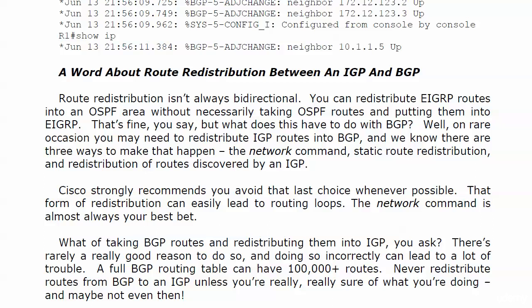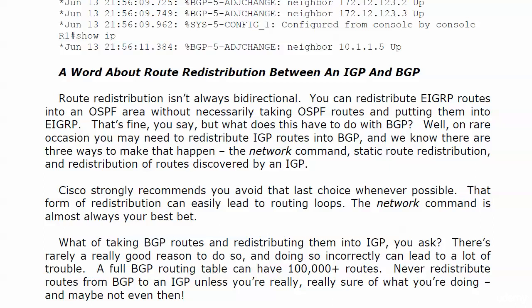Now, what about taking BGP routes and redistributing them into an IGP? There's rarely a good reason to do so. At high levels of BGP admin, you may have to do it, but a full BGP routing table, I mentioned earlier, could have thousands of routes. It could have 100,000 plus routes. And if you just did, say, a simple redistribute, let's take all our BGP routes and put them into OSPF, you would have a real problem there.